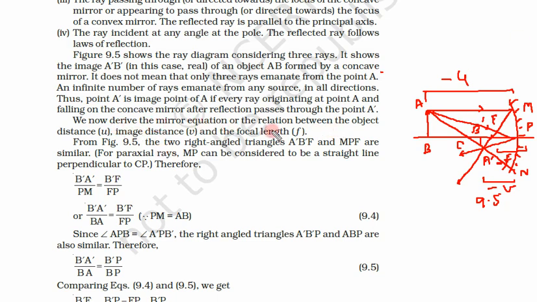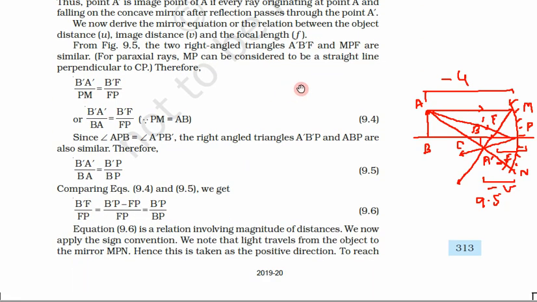What is the mirror equation? It is the relation between object distance u, image distance v and focal length f, and all these distances are calculated from the pole of the mirror.